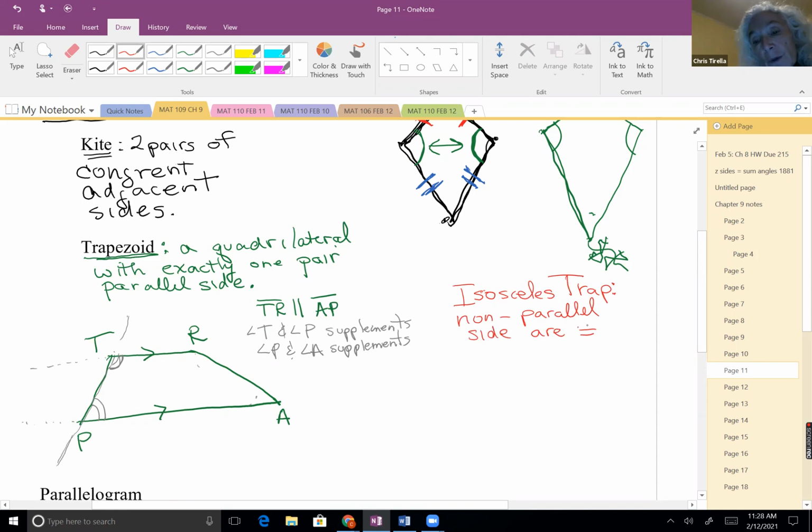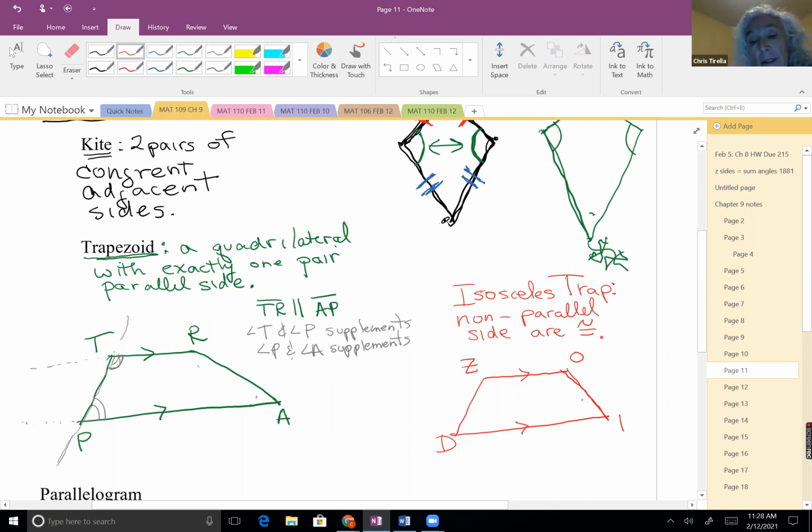Are you guys all right if I use the congruent symbol instead of writing the word congruent? And so over here, I'm going to draw another one. And using my infinite creativity, I'm going to call this one ZOID. So we have trapezoid ZOID.